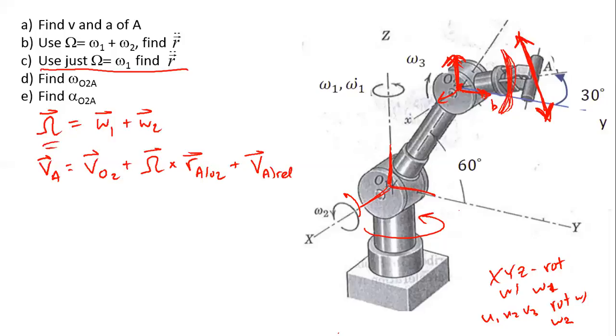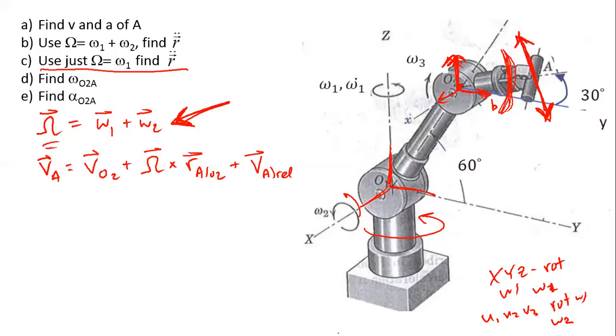Right, so this defines how my coordinate frame is rotating. It doesn't have omega 3 in it, so that thing would be kind of rotating downwards with the omega 3. So that's how I have to look at that VREL term.